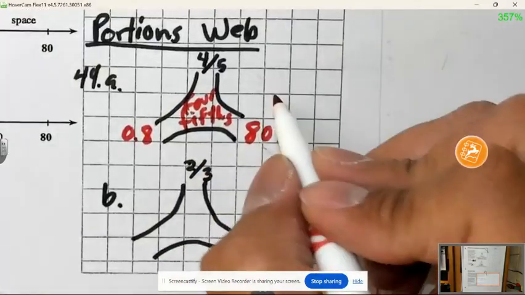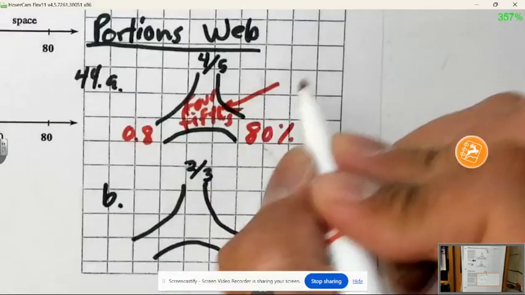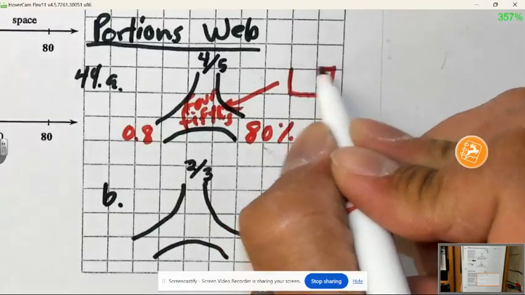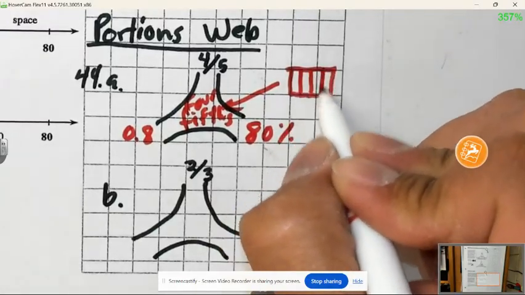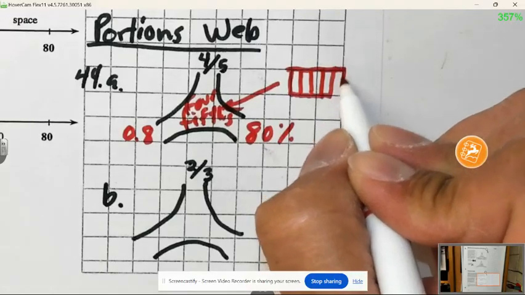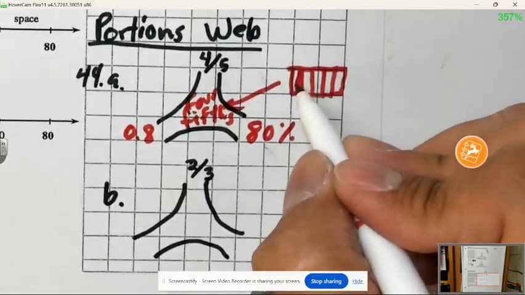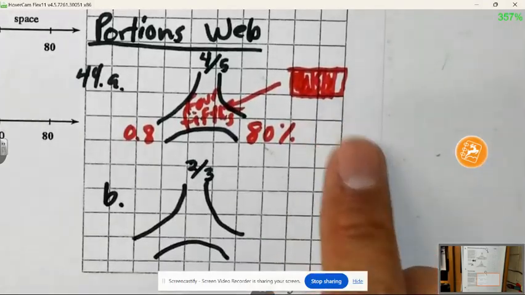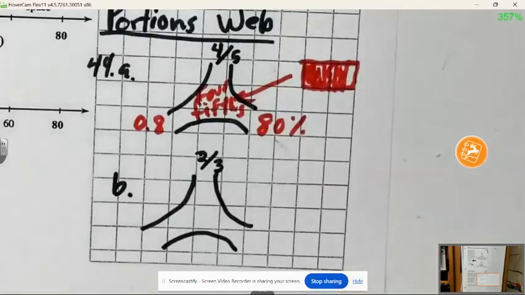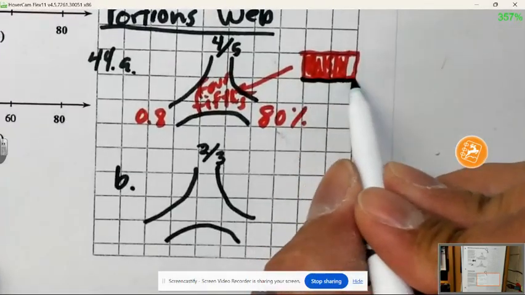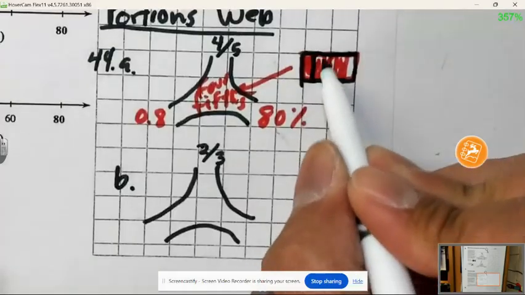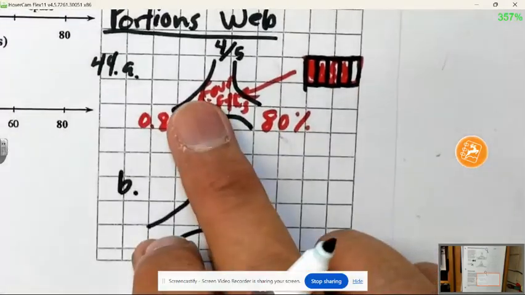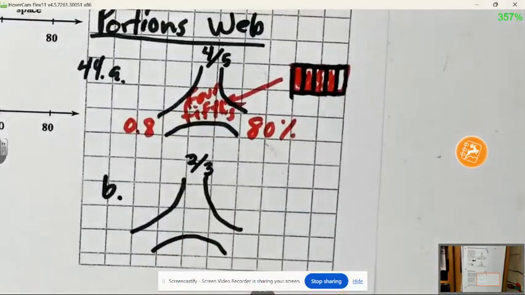Or if you wanted to draw it, here's 5 sections, and I just want to color in 4 of them. That's 4/5. Now we might want to make that a little bit more clear as far as how many sections there are. So that's 4/5, or you can put words or drawings, remember.